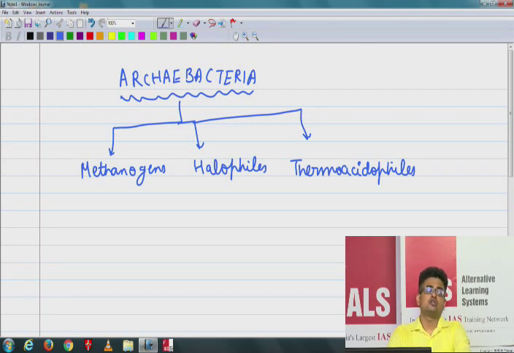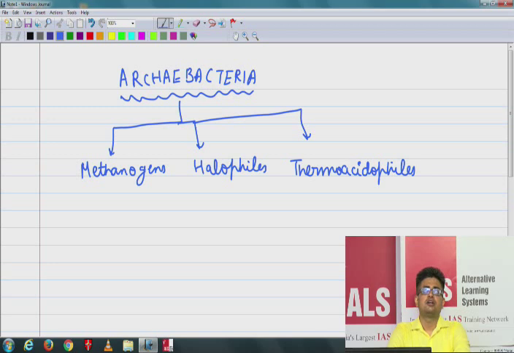If you take them out of seawater and put them in fresh water, they will die. They cannot tolerate salt concentration below 10%. With 10 to 35% salt concentration, they will grow very well.